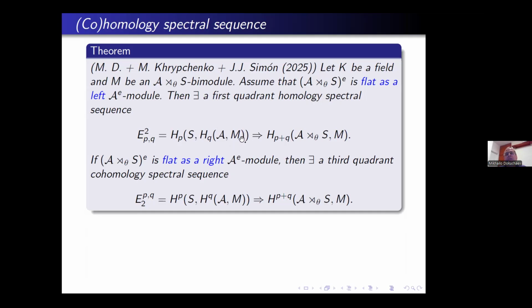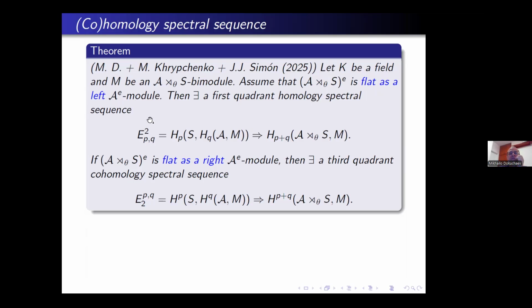What we can get is the left derived functor of a certain tensor product functor. But in order to identify it with the Hochschild homology, we need this restriction. So we assume that it is flat over the enveloping algebra of A.